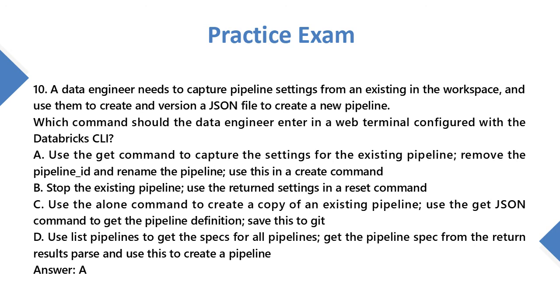B. Stop the existing pipeline. Use the returned settings in a reset command. C. Use the clone command to create a copy of an existing pipeline. Use the get JSON command to get the pipeline definition. Save this to Git. D. Use list pipelines to get the specs for all pipelines. Get the pipeline spec from the returned results, parse it, and use this to create a pipeline. Answer: A.